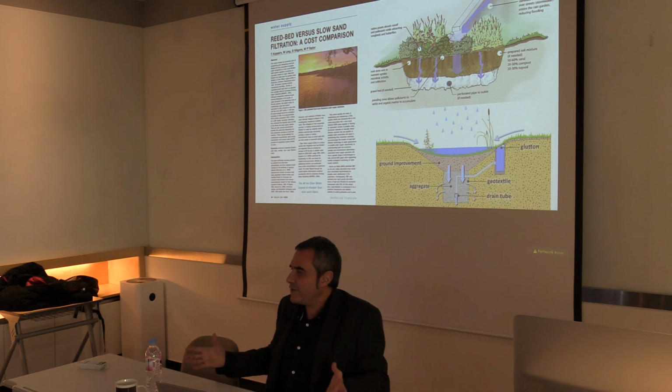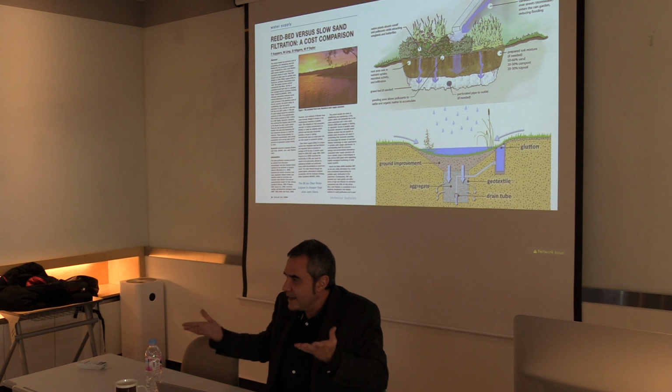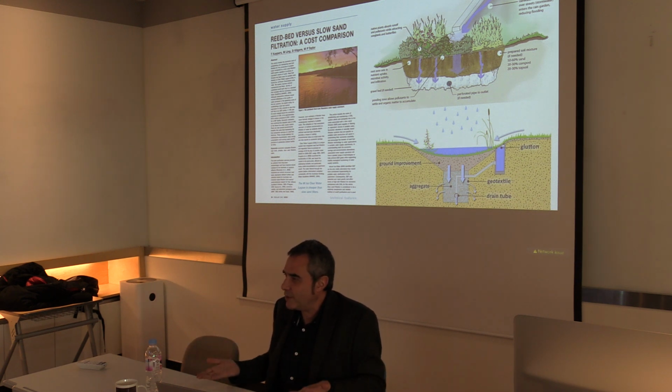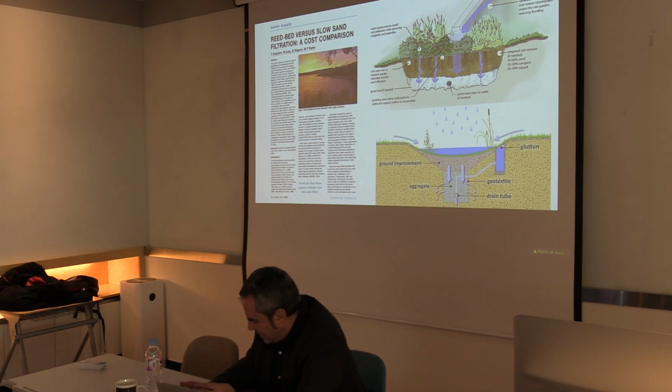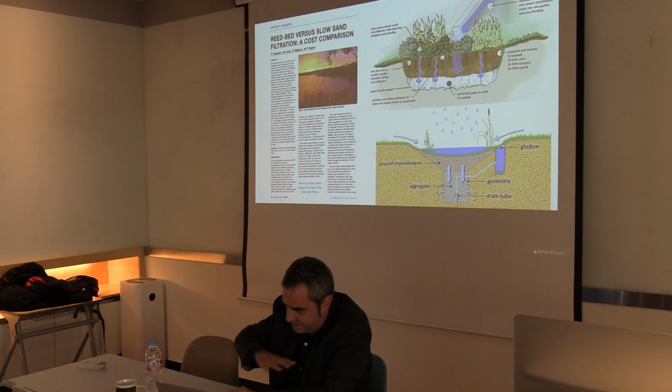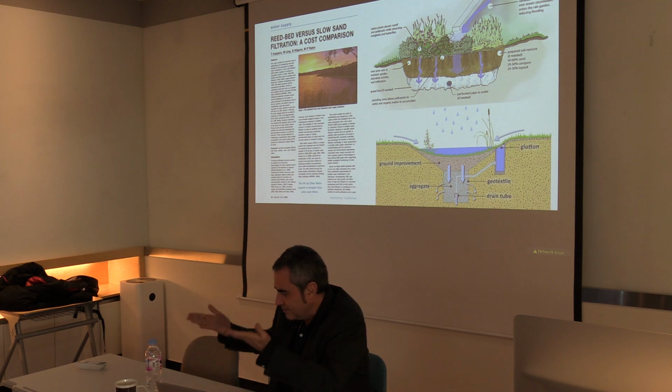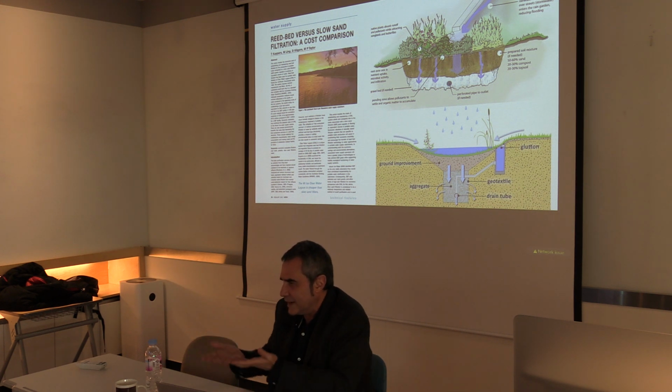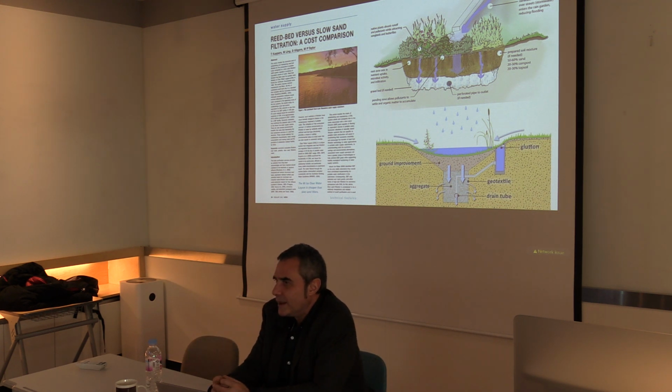Okay, so 500,000 people living in that area and having a problem of surface water inundation or water level, basically. It may be that there is no alternative but to use that system.